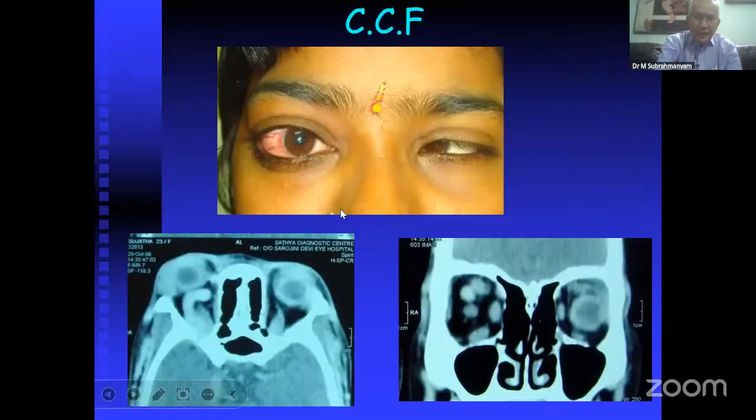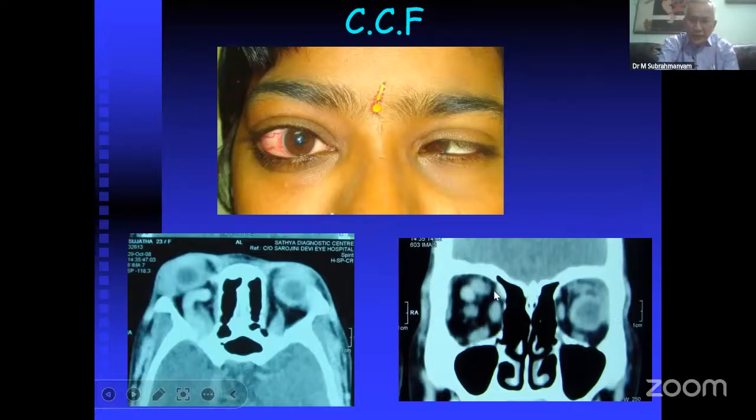In carotid cavernous fistula, this lady again has proptosis and engorged blood vessels. When the patient is looking to the right, the right eye is not abducting. Intraocular pressure is raised, venous engorgement is there with a pulsatile proptosis. What does the CT show?